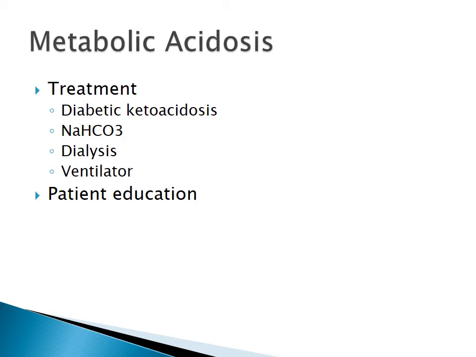And we will consider doing dialysis if there is renal failure or drug toxicity. This patient may need a ventilator because they may be so decompensated on a respiratory level that we need to ventilate them. Many times I've seen this happen with our patients, that by the time we intervene, they are so compromised that we have to put them on a ventilator for a short period of time to get everything stabilized.